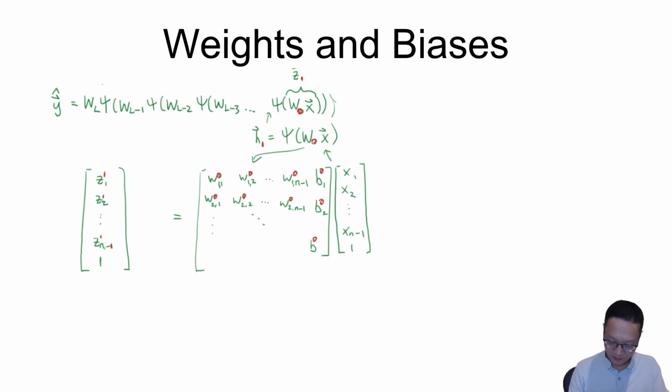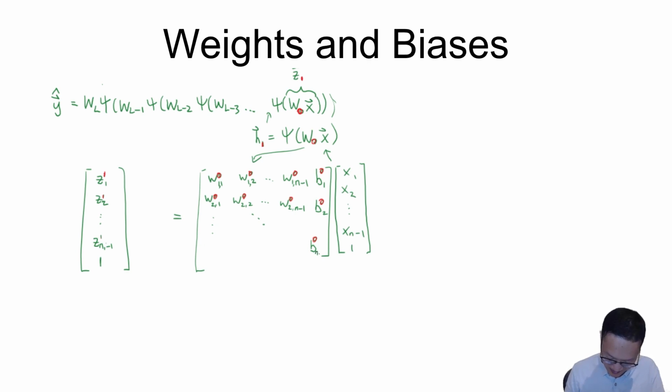Okay. So now if we come back to W, now we know how many rows there are. It should actually be N1 minus 1. Actually, I made a mistake at the end here.